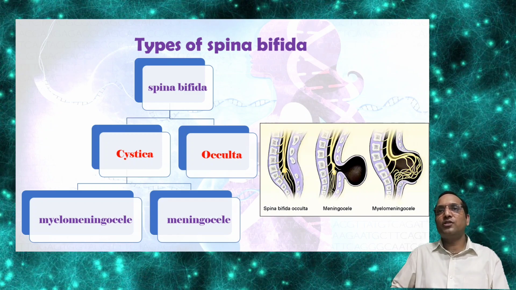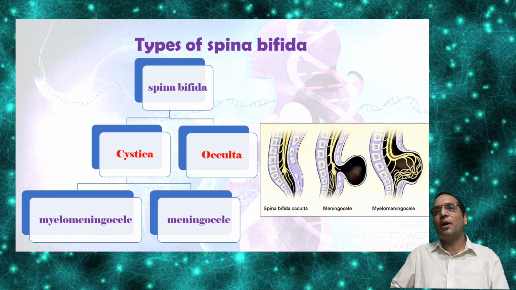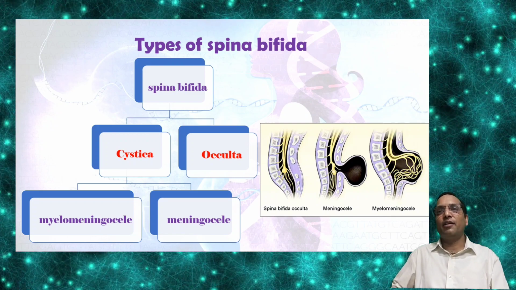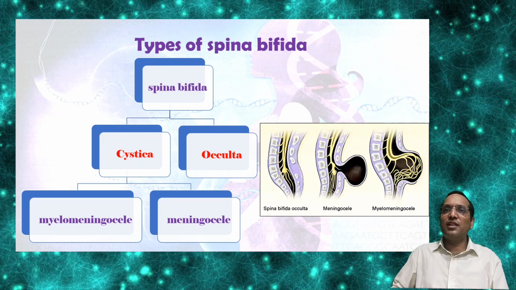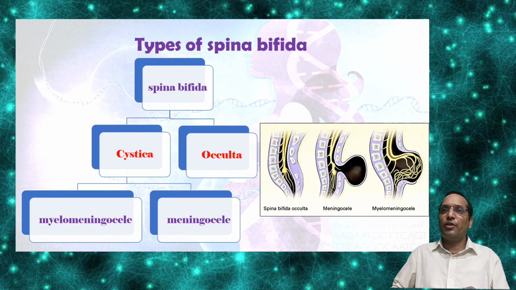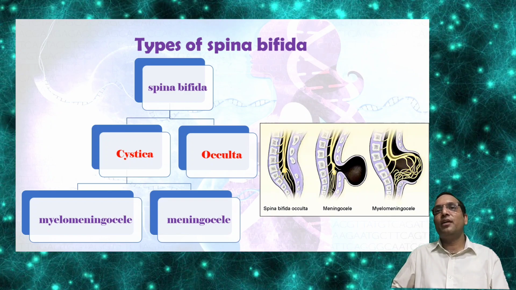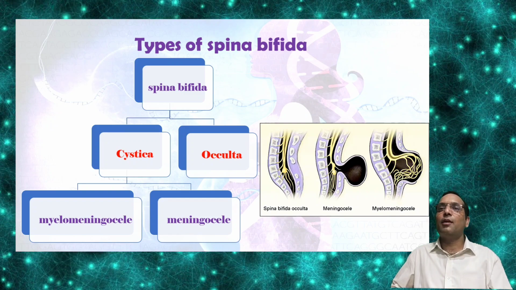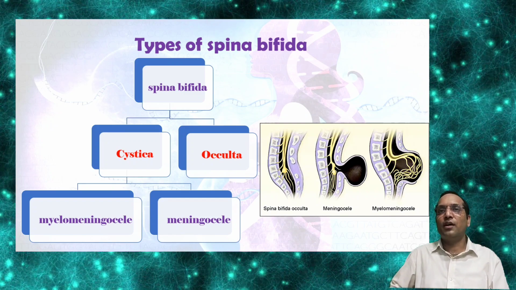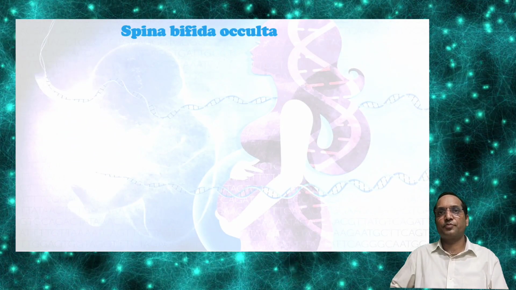In meningocele there is herniation of the meninges through the defective vertebra, and in myelomeningocele there is herniation of the spinal cord or neurons along with the membrane through the defect in the vertebra, and it may be open through the spina bifida.